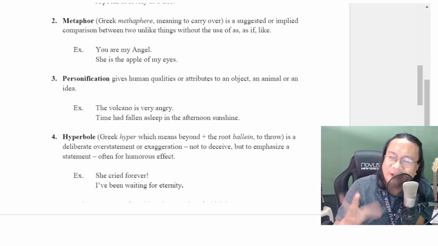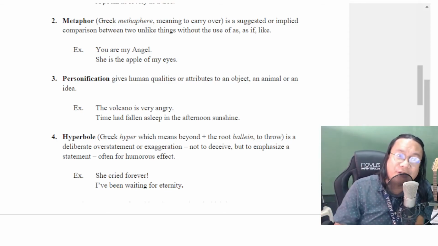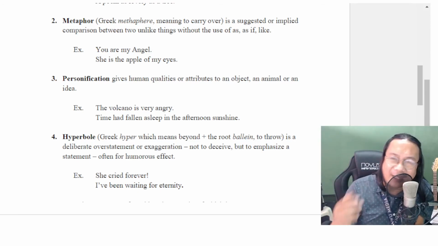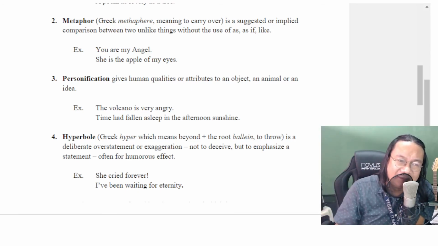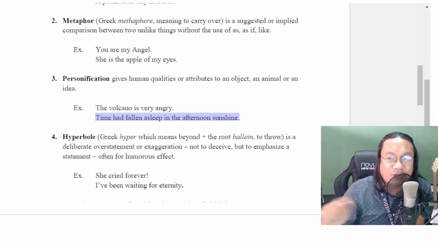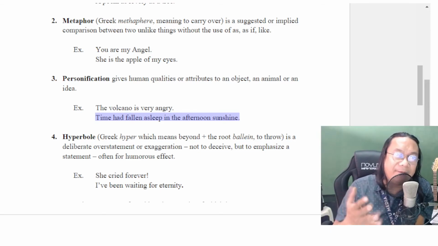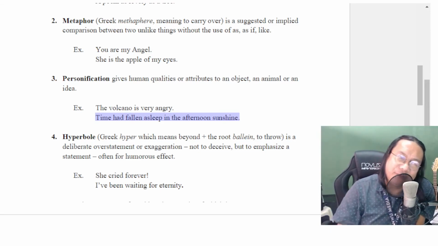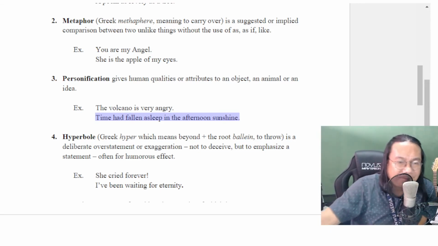You know, the storm cannot be angry, but we are using personification because we are treating the storm like it has human qualities. Or this other example over here, time had fallen asleep in the afternoon sunshine. So time falls asleep. So, you know, personification.